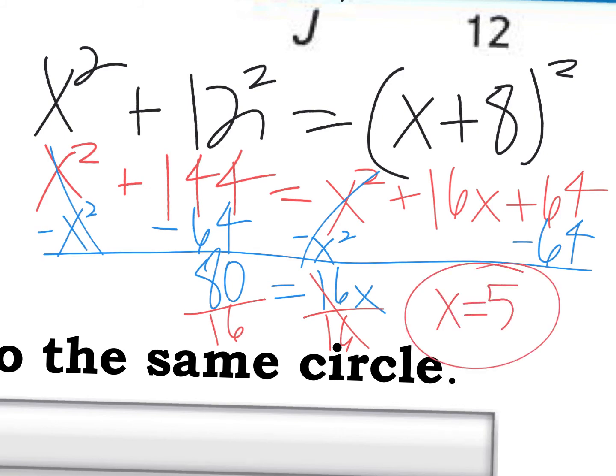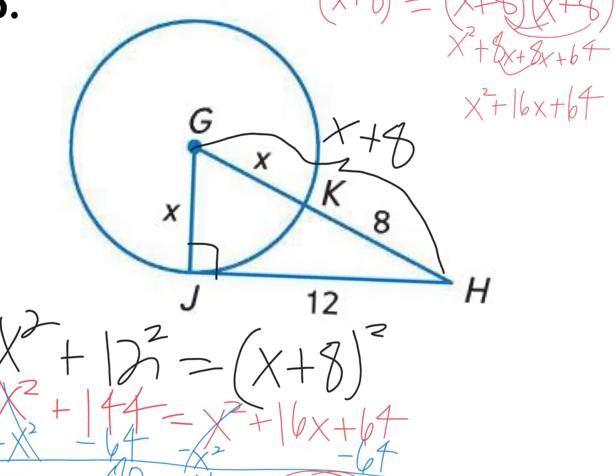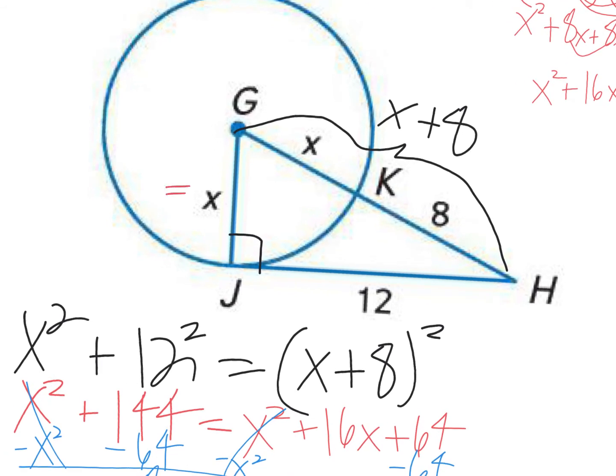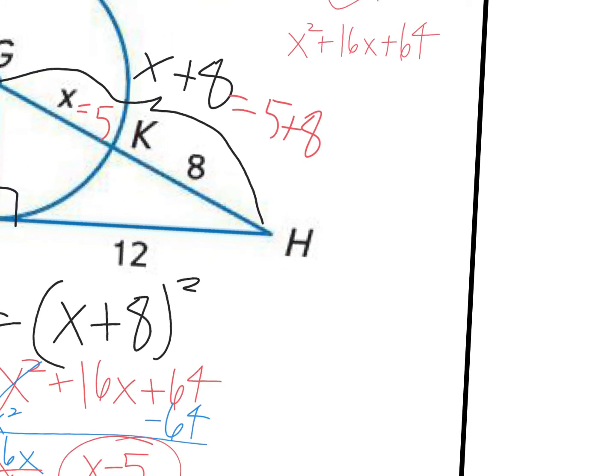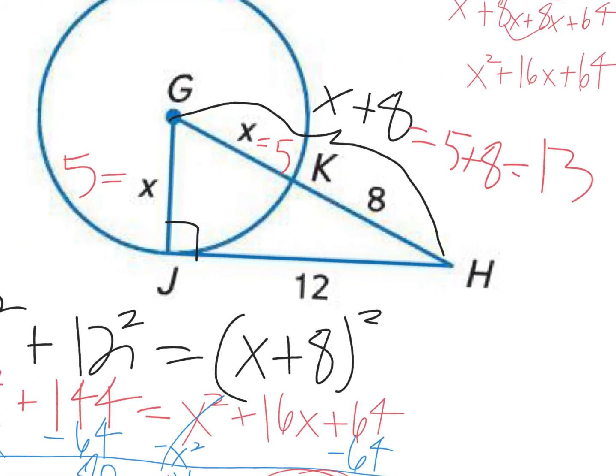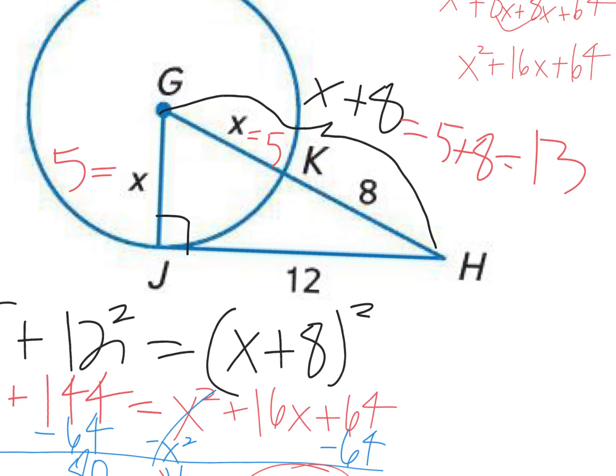So if x equals 5, well then GJ is 5, and GK is 5, and so GH is 5 plus 8, which is going to be 13. So if you'll remember your Pythagorean triples, that's one of the 5, 12, 13 triangle.